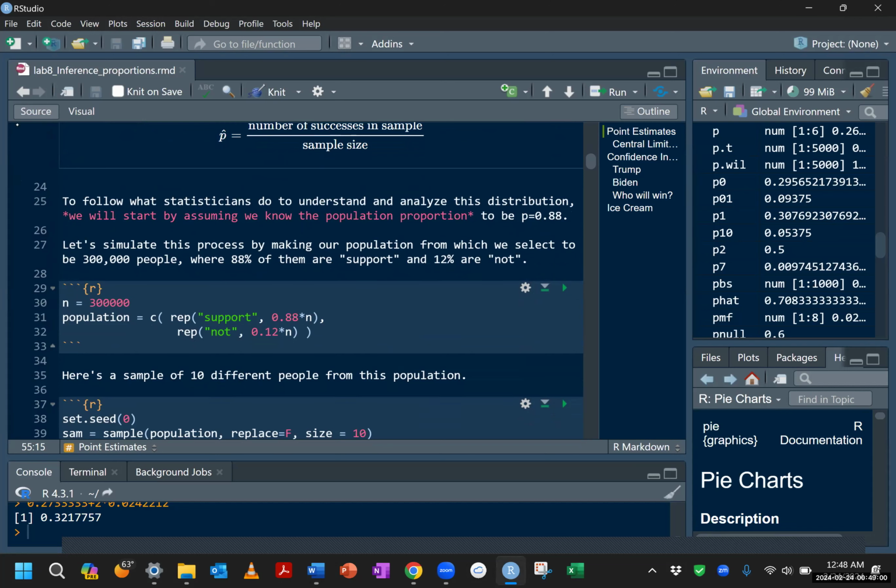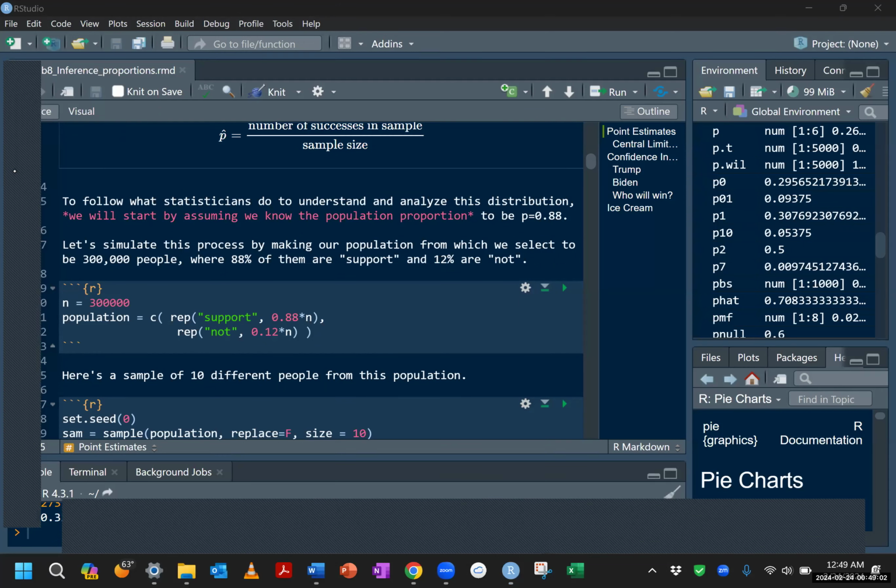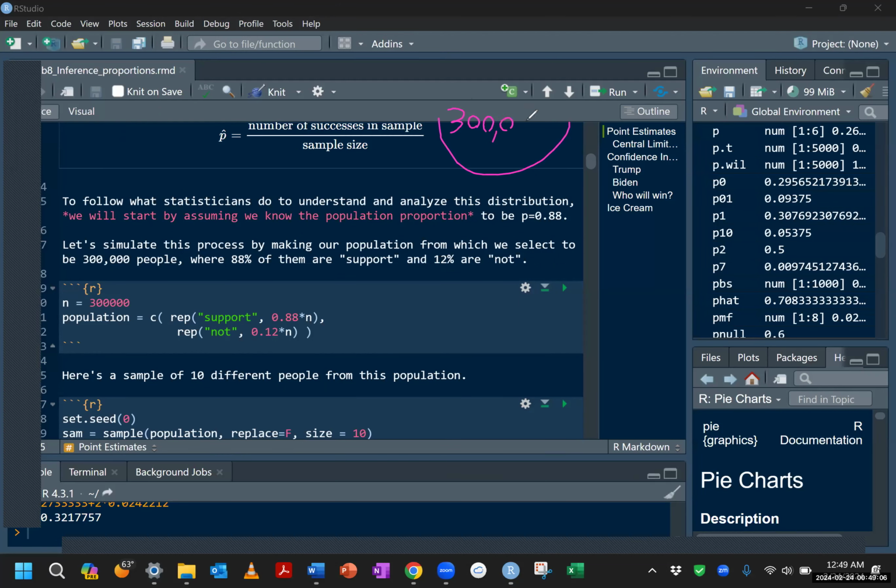Here, we got a population that's, say, 30,000 people, kind of representative of the United States, and in which we know 88% support solar and 12% don't, right? And so we can make our population look just like that.